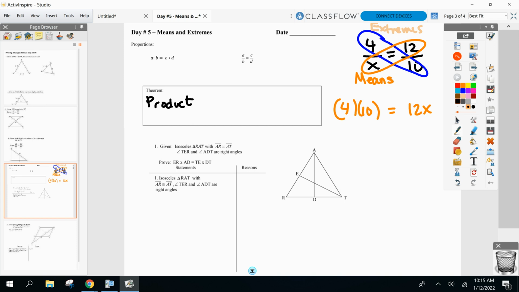Product, at my answer after I multiply. So the product of the means, when I multiply the means, product of the means equals, how do you think we're going to finish this? Product of the extremes.